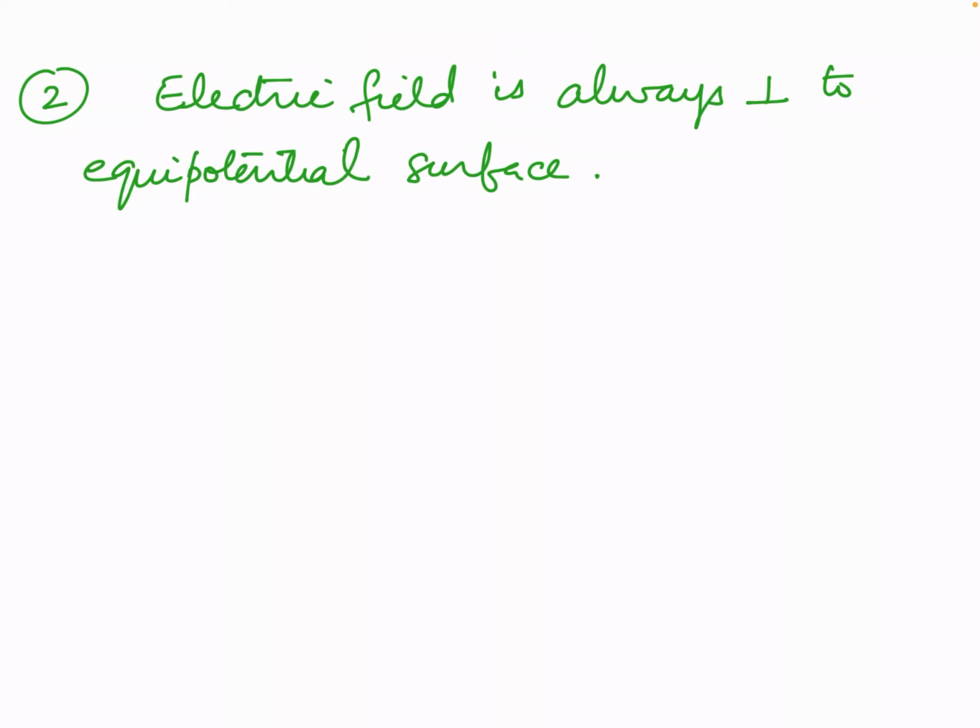So in order to move a test charge against this component, work would have to be done. Since the surface is equipotential, there is no potential difference between any 2 points on it, and consequently no work is required to move a test charge on the surface. Therefore, the electric field must be perpendicular to the equipotential surface.